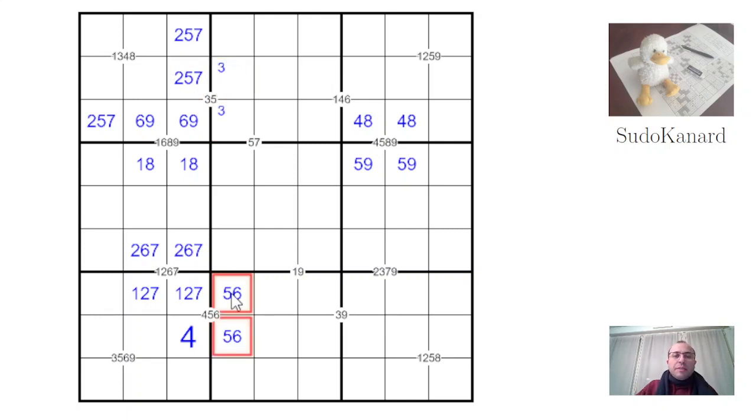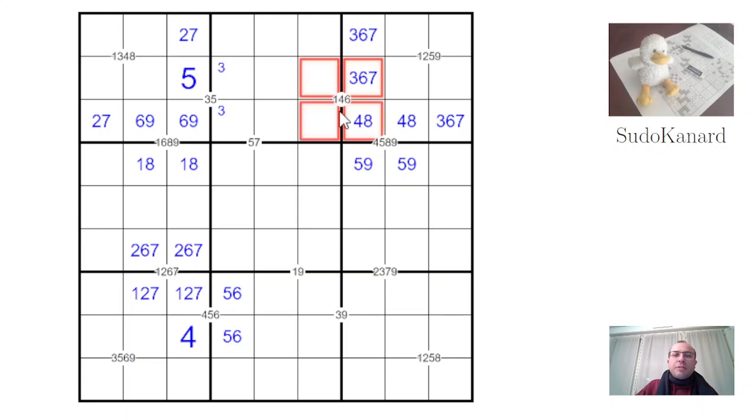And we know that because of this there is no 5 in here, but we must have a 5 in the quad, so that's the 5. So 1, 2, 5, and 9. We still need 3, 6, and 7 in those cells, because they must appear somewhere in this region.